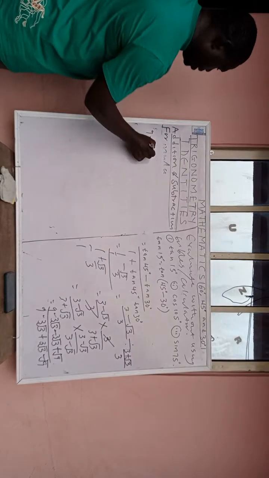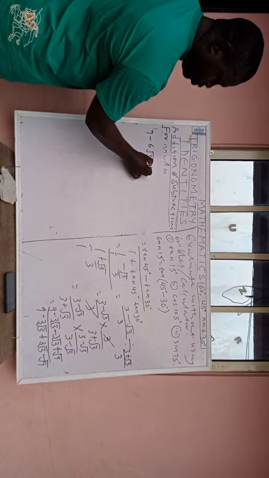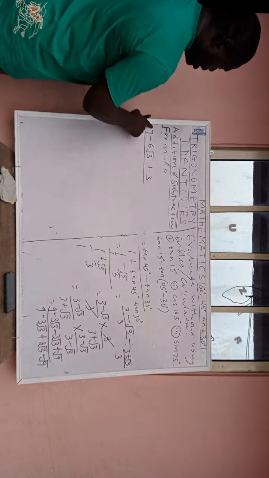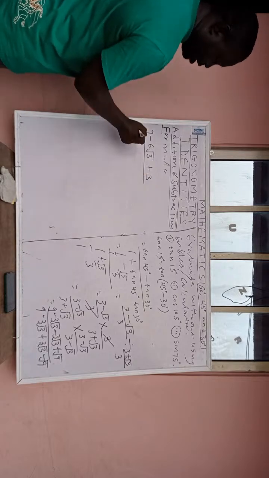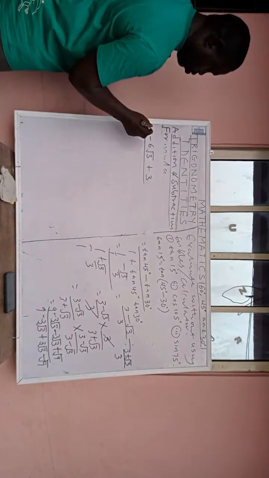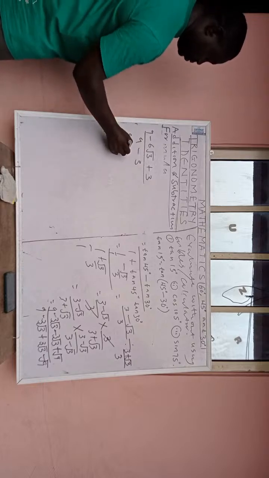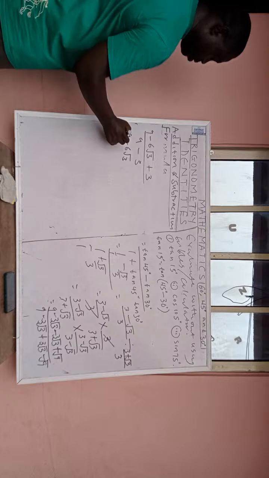It gives you minus 6 root 3. That's important for you to note. Root 9 is 3. Some students might say something else, so please take note. This will cancel this. So you are left with this, this. So 9, 6 root 3.